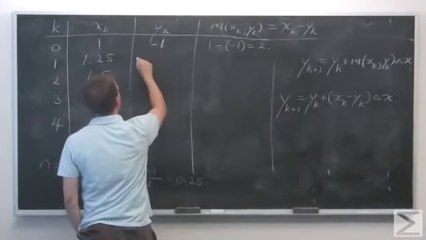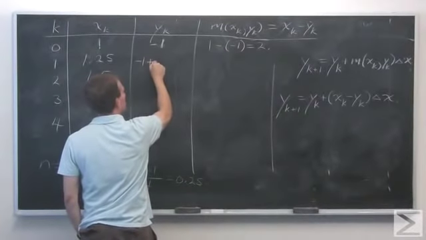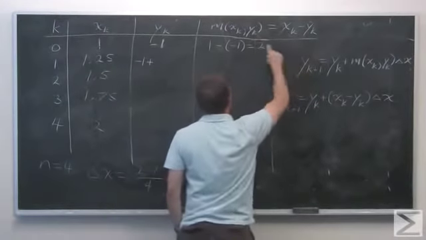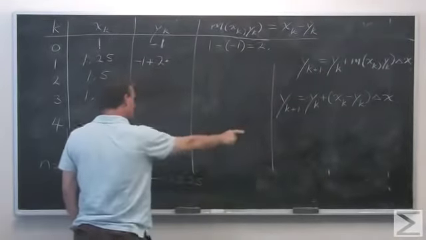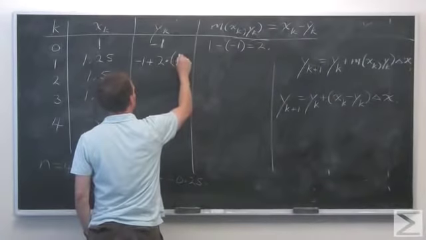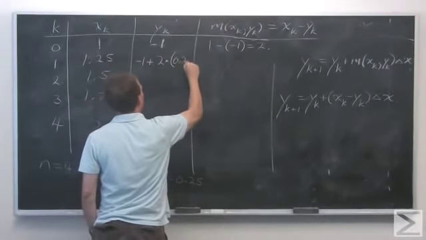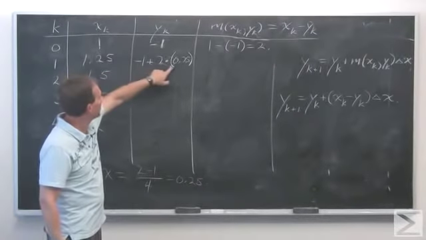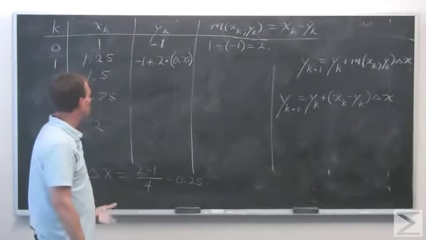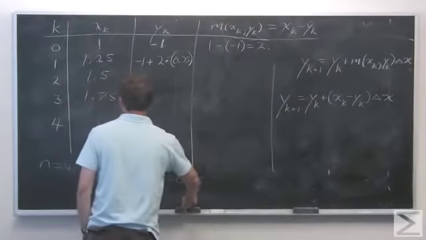It is the previous y plus m of xk, yk, which is what's in this column, times delta x. And delta x is 0.25 for us. So we get, this is 0.5, and then minus 1, so we get minus 0.5.